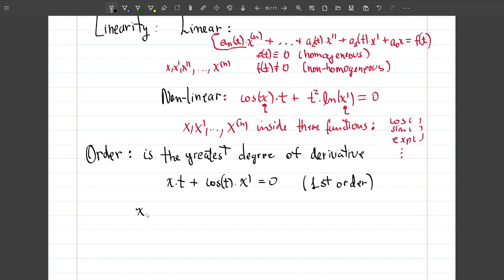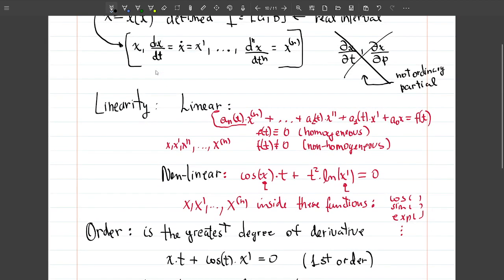If I put x double prime plus x prime plus x equals some function f(t), this one is second order, and so on. Back to the linear equations, if a_n is different from 0, then this is an nth order differential equation.